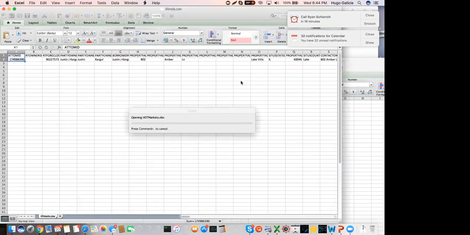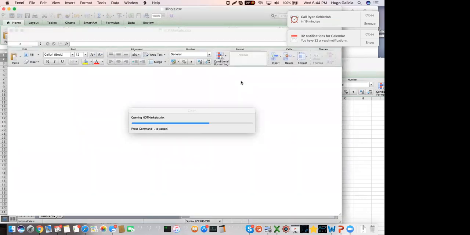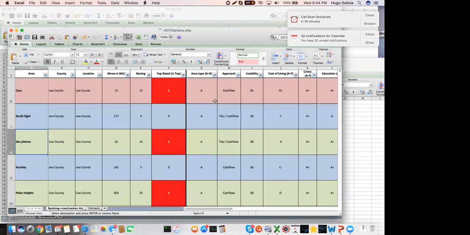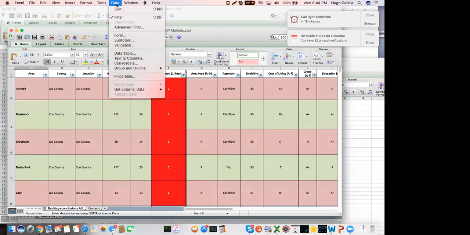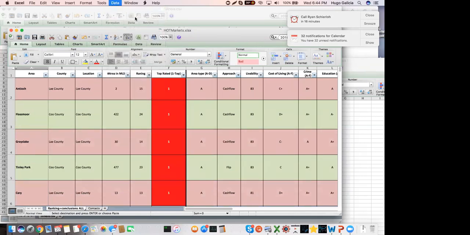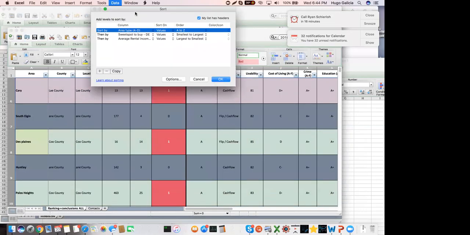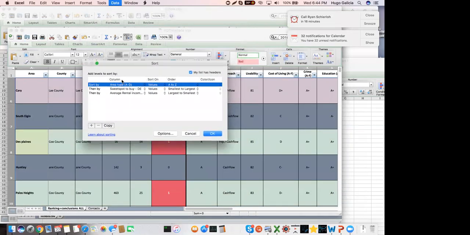I'm gonna pull up these hot markets. This is where we put all the areas. All the areas that we analyze are in this spreadsheet. If you don't have access to this, just let us know. The way we do that is we're gonna query this spreadsheet by doing a sort. So I'm gonna click on sort. Oh, perfect. This is my favorite search.